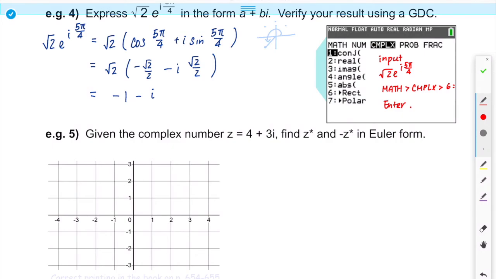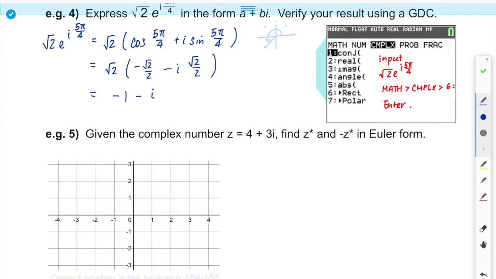Okay, moving on to example 5. Given the complex number z equals 4 plus 3i, find the conjugate z star, and negative z star in Euler form. So the negative of the conjugate of z. Remember, conjugate means that the two complex numbers have the same real part, but opposite imaginary part.